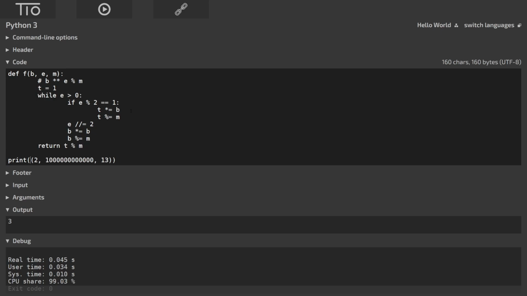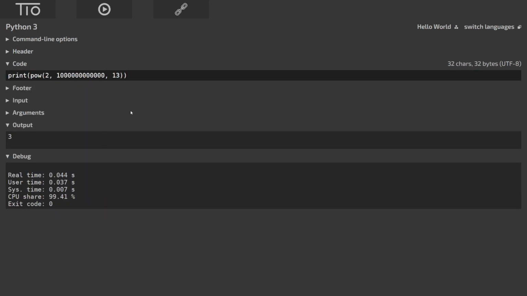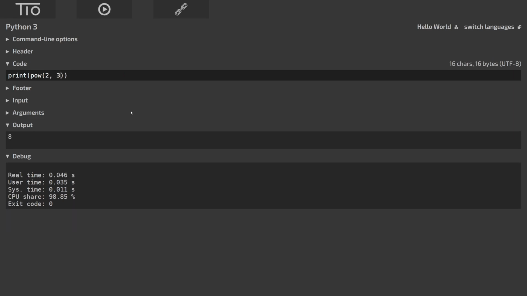Now the neat thing about Python is you actually don't need to implement this function because it's already a built-in. It's called pow, and it already allows you to give an optional modulus operator. So pow takes at least two arguments, and takes the first one to the power of the second one.